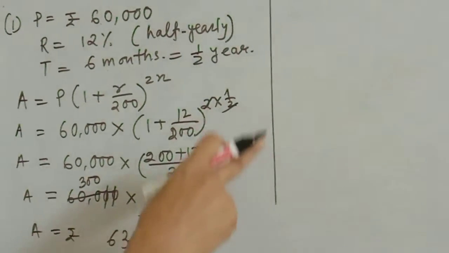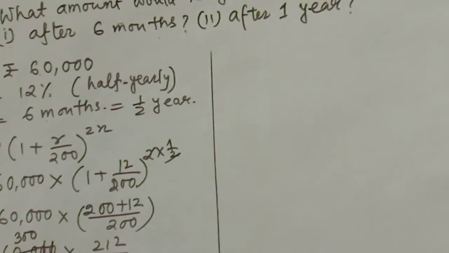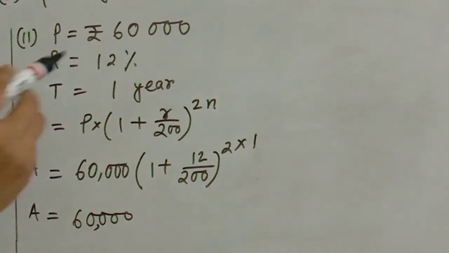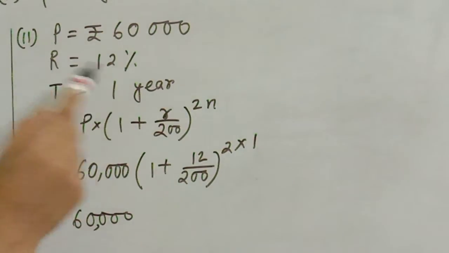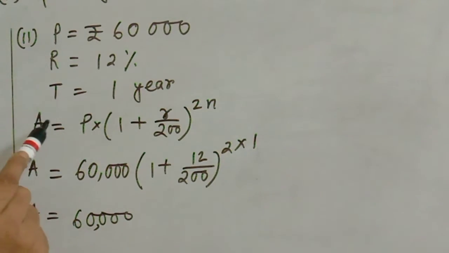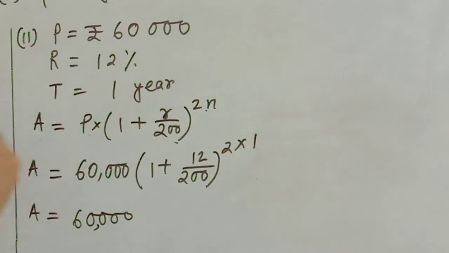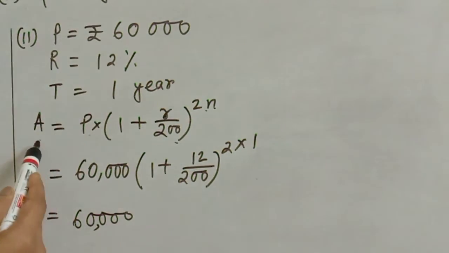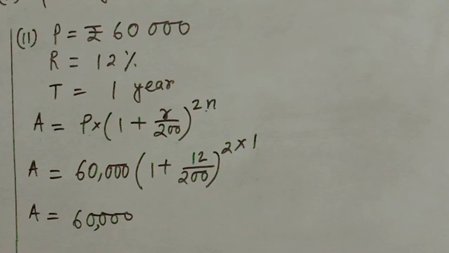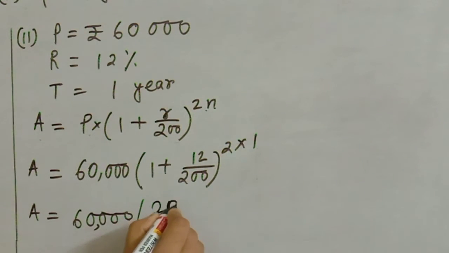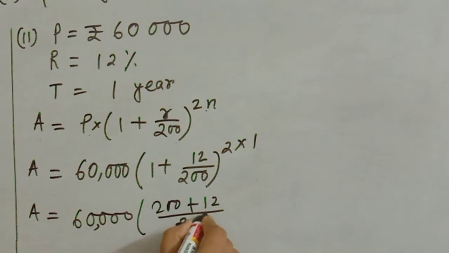When you have invested principal as 60,000, the amount you are getting is rupees 63,600 when it is invested for 6 months. Now when you are investing it for 1 year, the time is 1 year. Now second case, principal 60,000 same, rate percent also same, time 1 year. Amount is equal to P into 1 plus R by 200 whole to the power 2n, because again it is compounded half yearly only. So put the value: 60,000, then 200 plus 12 by 200 whole to the power 2.